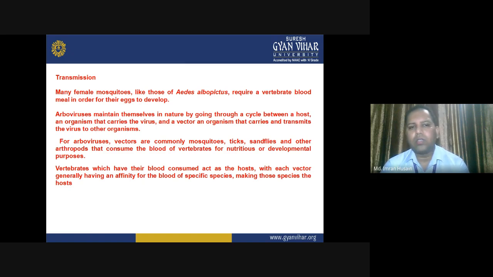So this is the whole cycle through which the infection is traveling from one person to another. For arbovirus, vectors are commonly mosquitoes, ticks, sandflies, and other arthropods that consume blood of vertebrates for nutritious and developmental purposes.